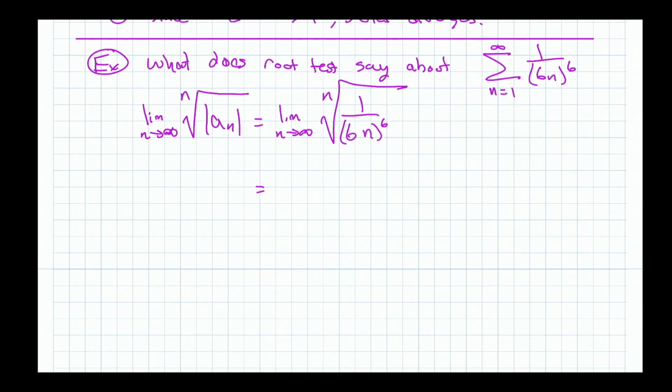So, limit as n goes to infinity. Again, you split up the root. Nth root of 1 on top. Nth root of 6n to the 6 down there. Okay. So let's see here.